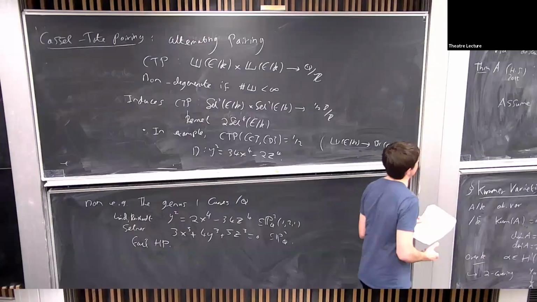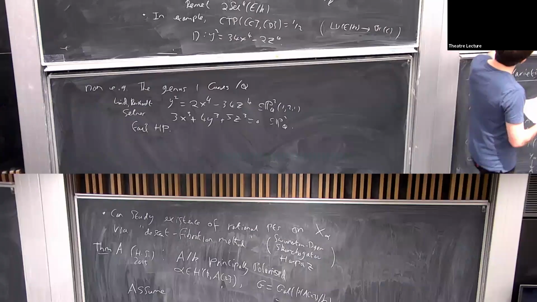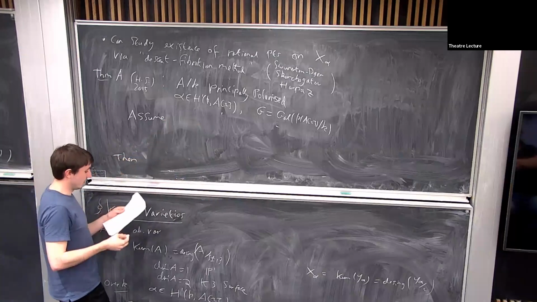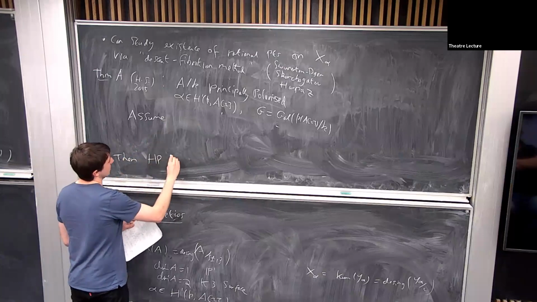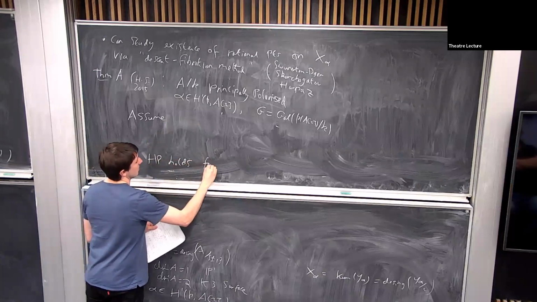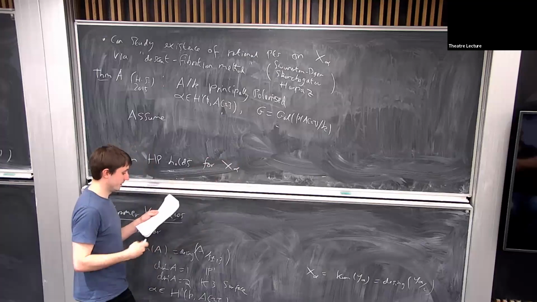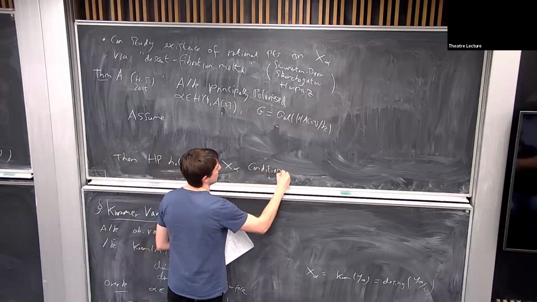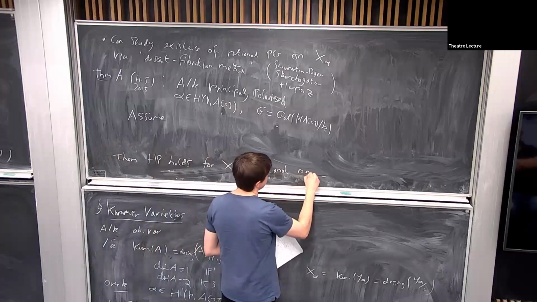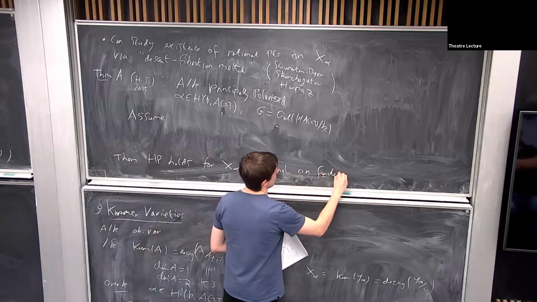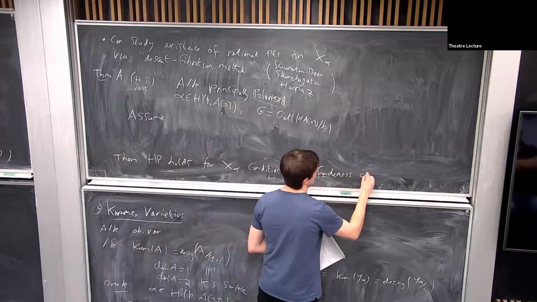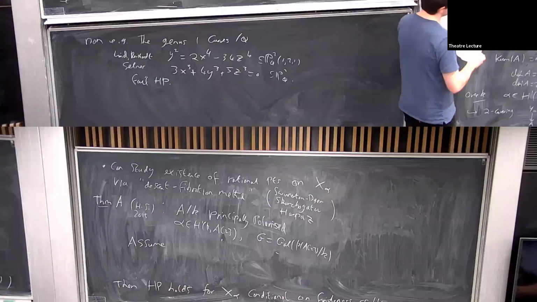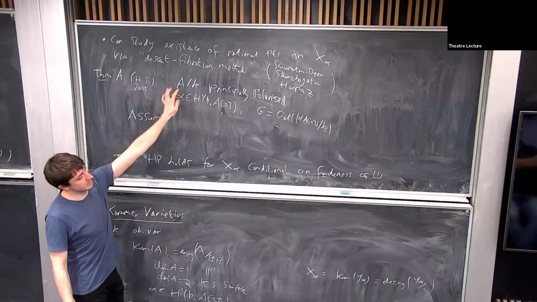Let me first write what the punchline is going to be, before I add in a bunch of assumptions. Then what you show is that the Hasse principle holds for the corresponding Kummer variety, conditional on finiteness of Shafarevich-Tate groups for some auxiliary abelian varieties, and those auxiliary abelian varieties are quadratic twists of the starting one.